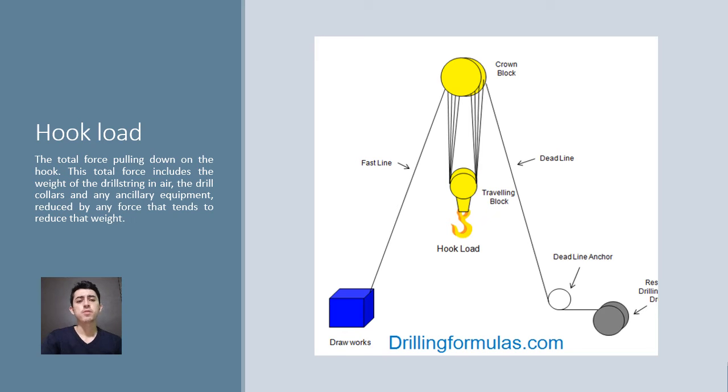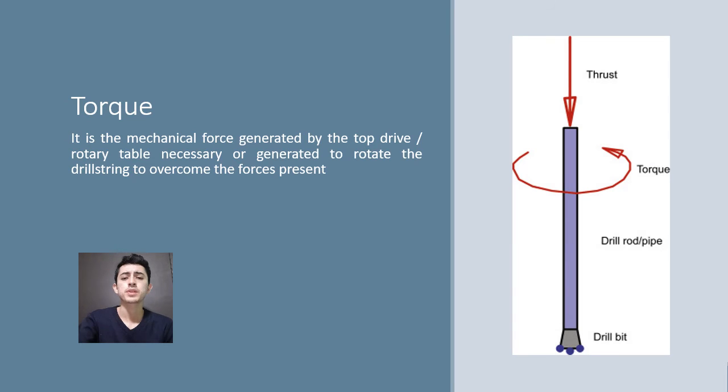This total force includes the weight of the drill string in air, the drill collars, and any ancillary equipment, reduced by any force that tends to reduce that weight. Torque. It is the mechanical force generated by the top drive and rotary table necessary to rotate the drill string to overcome the forces present.